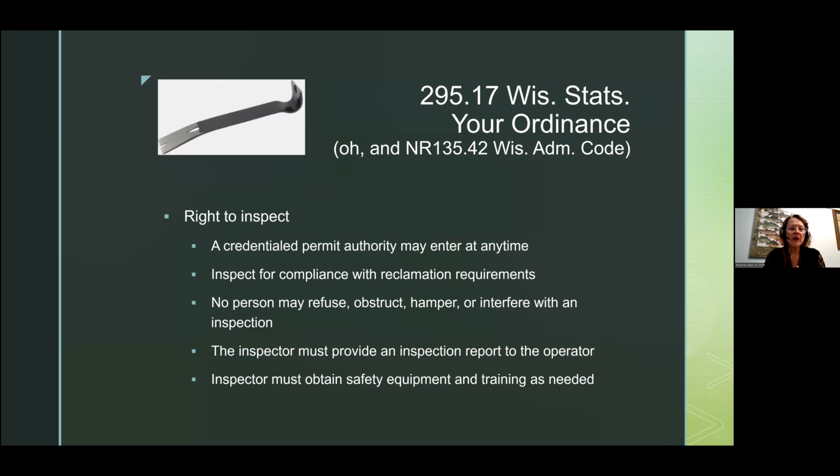So the purpose for inspection is compliance with reclamation requirements, right? So regardless of whether they're under a permit or not, if you suspect a site to be a non-metallic mine site, you need to be able to ascertain whether or not it is compliant with those requirements. And so that authority allows you to go and review a site.